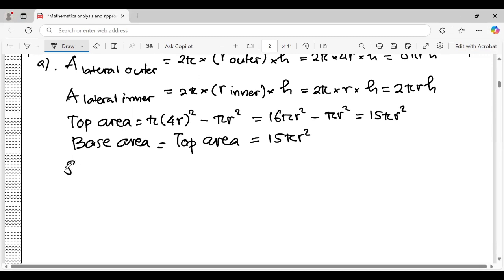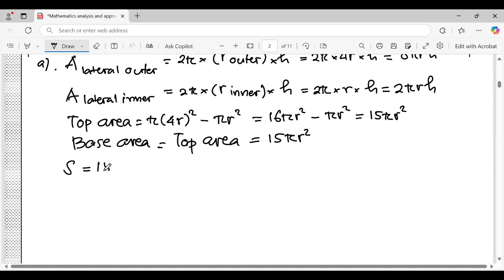That means S equals area lateral outer plus area lateral inner, plus top area plus base area.